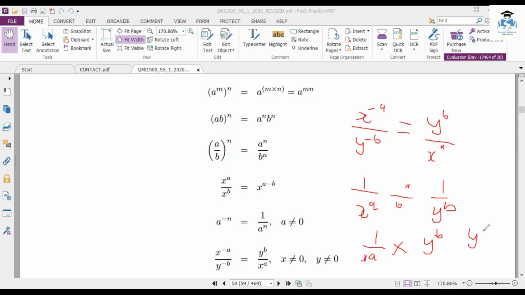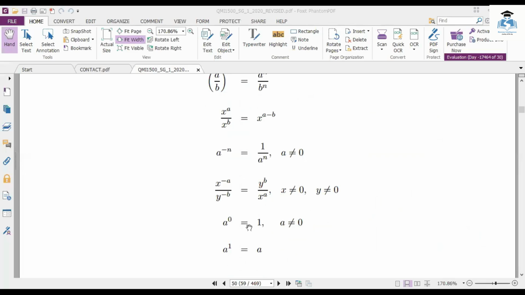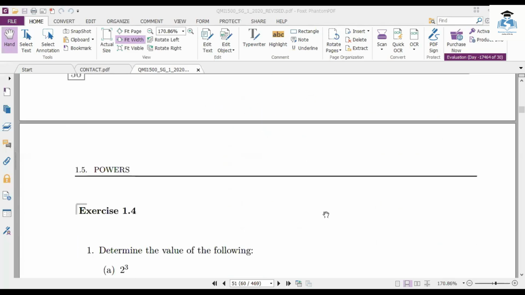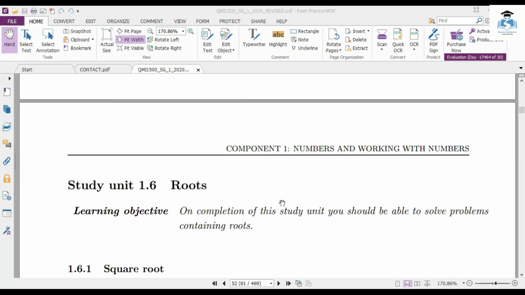Then it will be y to the power b over x to the power a. So take note of this. I believe we have covered this.